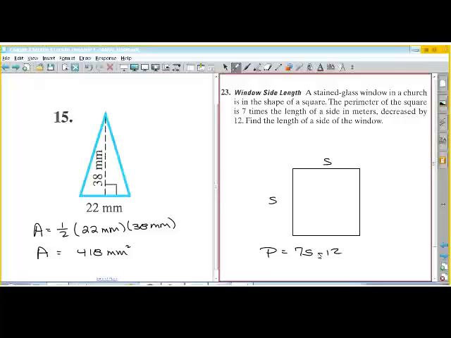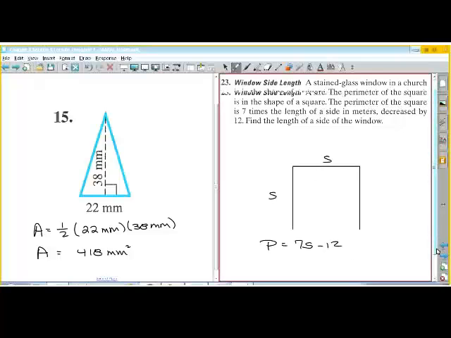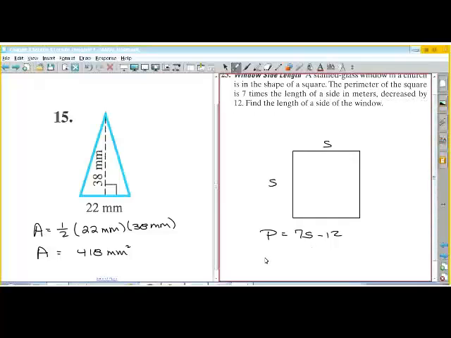Oh, decreased by 12. Okay, now it makes more sense. Otherwise, that wouldn't make any sense at all. So the perimeter is 7 times the length of the side in meters, decreased by 12. So that's the perimeter. And it says find the length of the side of the window.